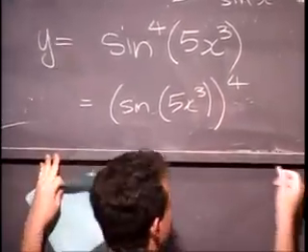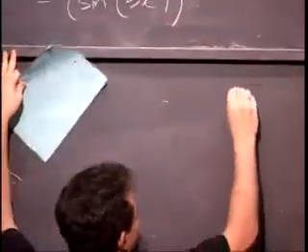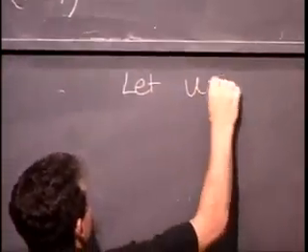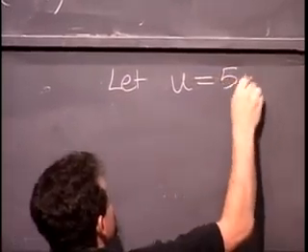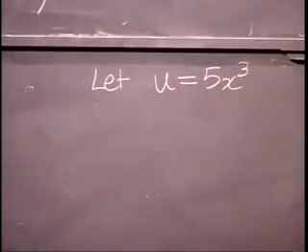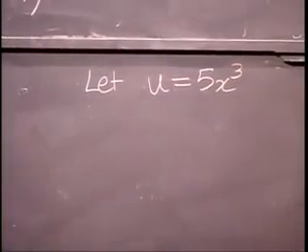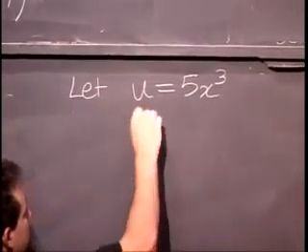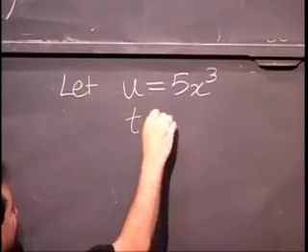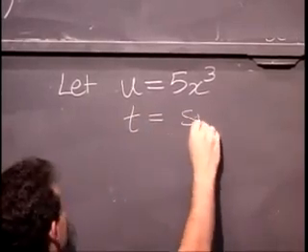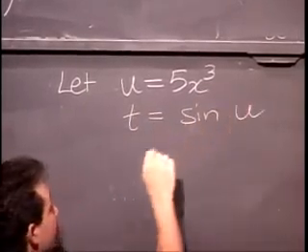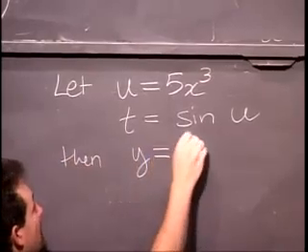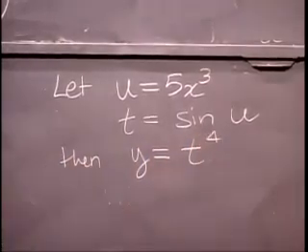I want to say, let u equal 5x cubed. Then I need another variable. I'll call it t. Let t be sine of u. And finally, I claim that y is t to the 4th.